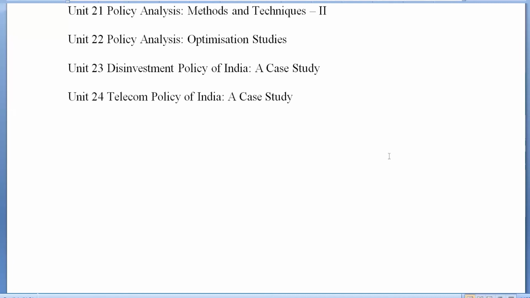When you answer the assignments, if you have got 90 out of 100, 30% of that, that is 27 marks, will be added to your term end examination marks. And the term end examination marks will be 70% of 100.